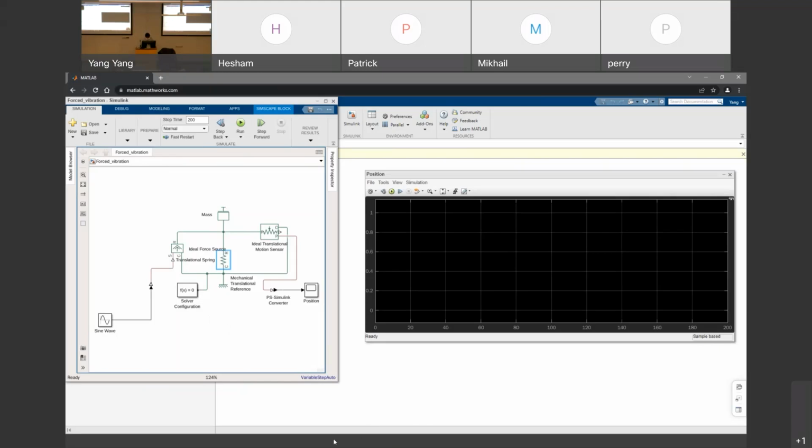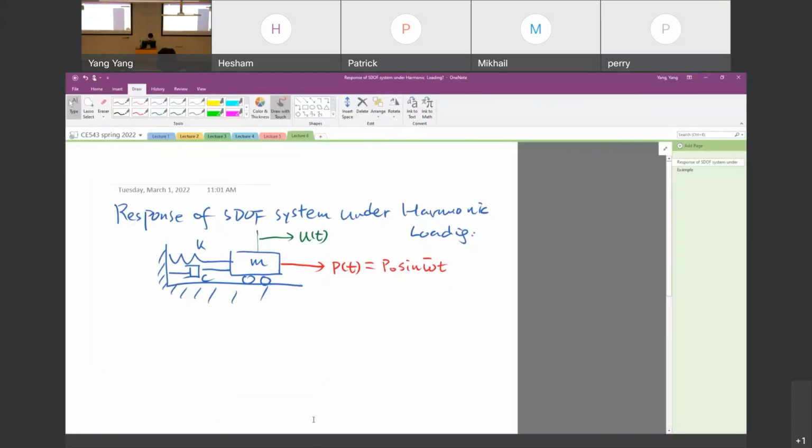M equal to 1 kilogram, K equal to 1 Newton per meter. So the natural frequency of this system should be equal to the square root of K over M, equal to the square root of 1 over 1, equal to 1 radian per second. That's the natural frequency of this system.